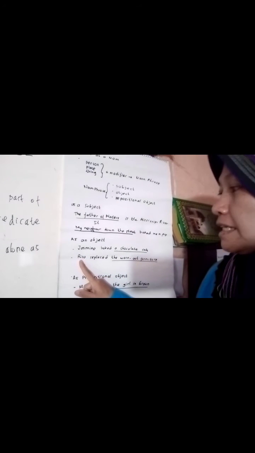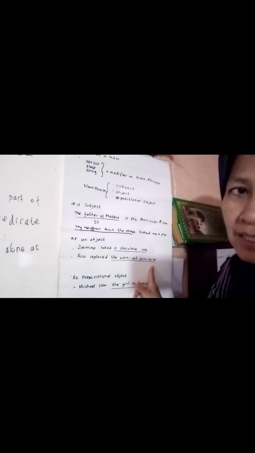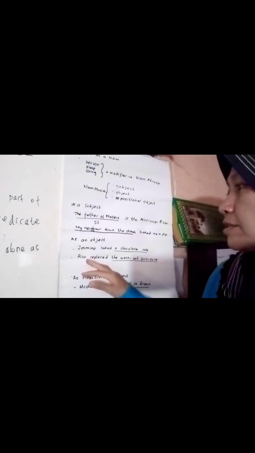A chocolate cake is a noun phrase, but it functions as an object. Second example, Rico replaced the worn-out furniture. The worn-out furniture can be replaced with it, so it is a phrase.